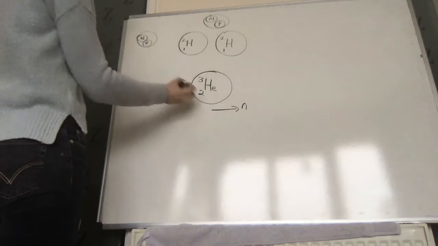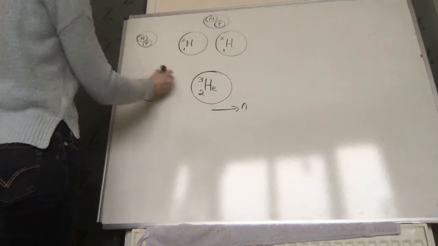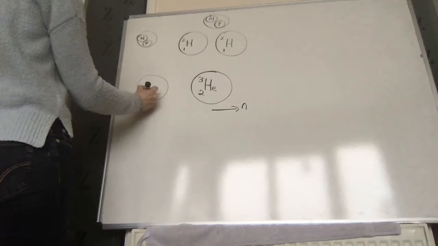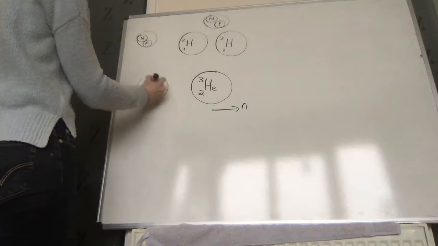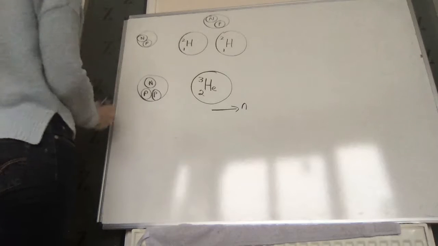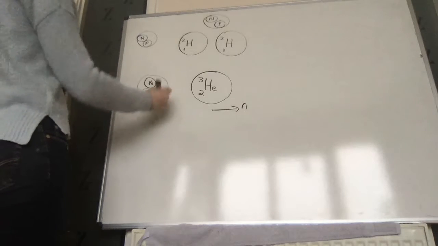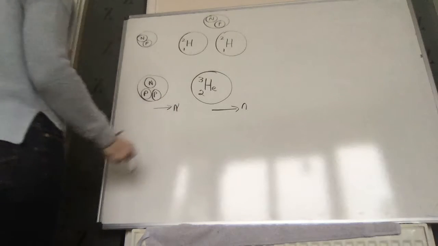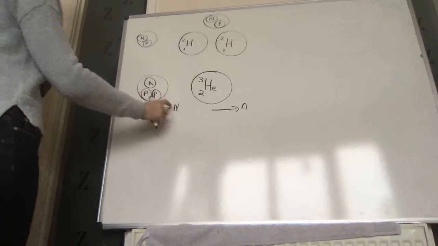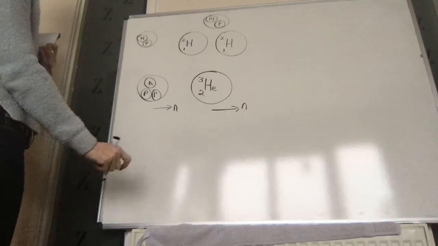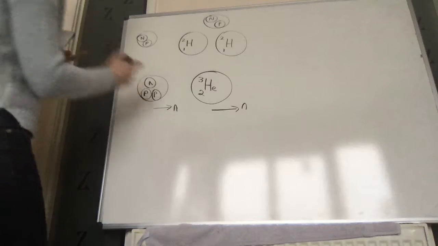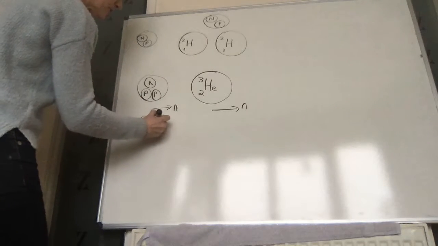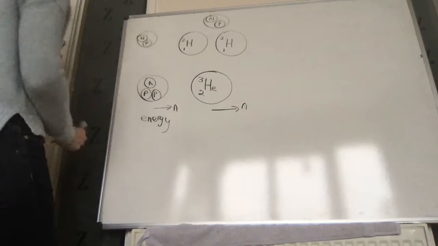When you fuse them together, you end up with two protons, one neutron, and an extra neutron that is released, small n. Okay? And a lot of energy is released as well.